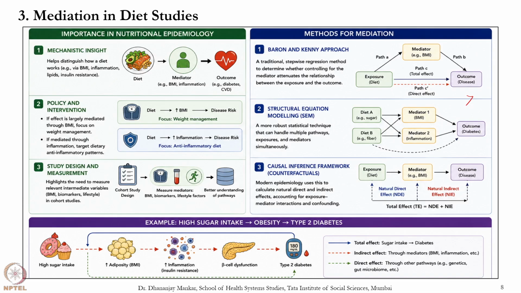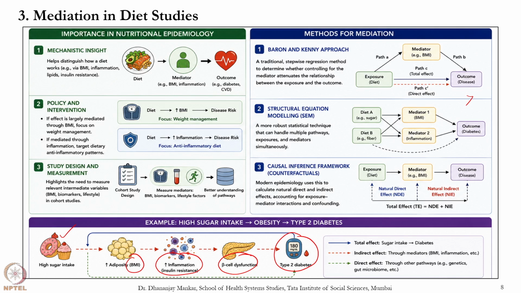High sugar intake is seen in the first line, then adiposity, which you can get from the BMI, the body mass index, then inflammation, insulin resistance, and in addition beta cell dysfunction, giving you a sense that you may be diabetic and your sugar may rise, leading to type 2 diabetes.